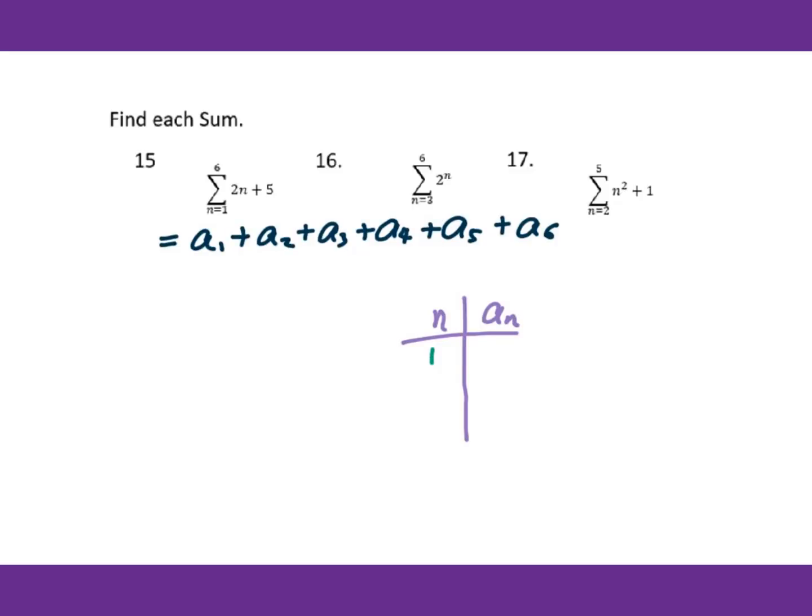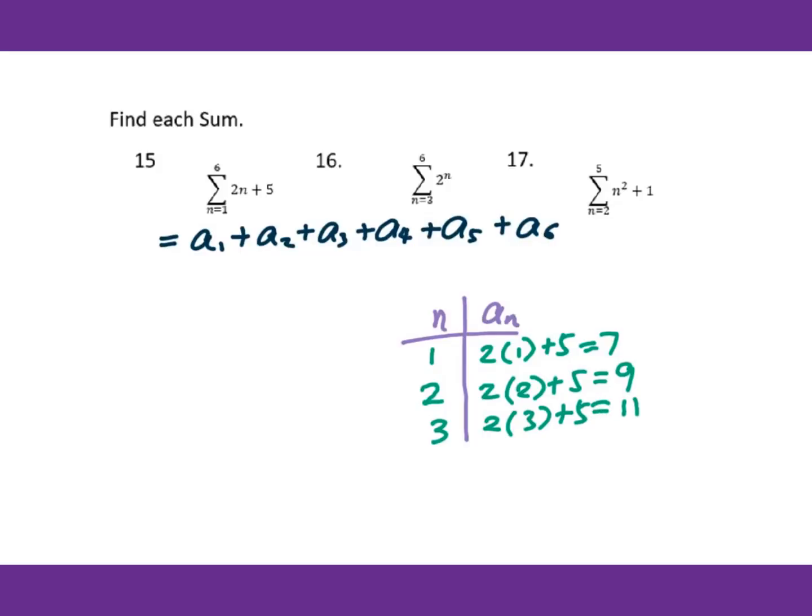We plug in 1, you will get 2 times 1 plus 5. That equals 7. For 2, you will get 2 times 2 plus 5, get 9. For 3, 2 times 3 plus 5, you will get 11.